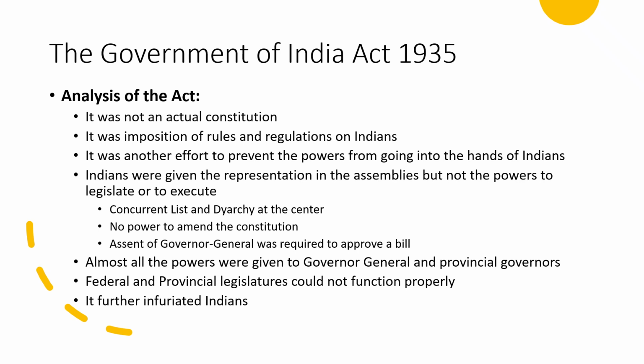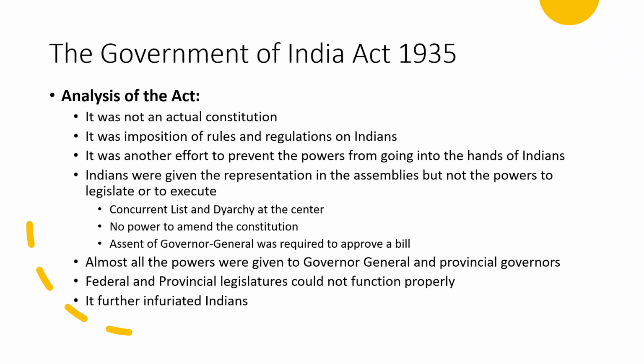Federal and provincial legislatures could not function properly because the Governor General's assent was required for a bill to reach the level of a legitimate act. They needed the assent of the Governor General. After presenting a bill, all they could do was pray.